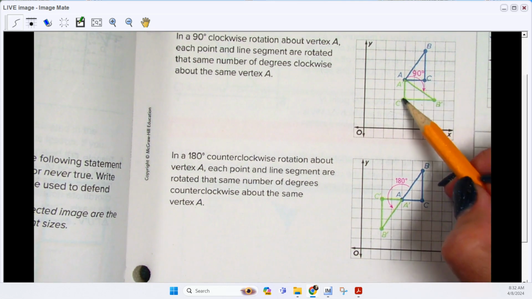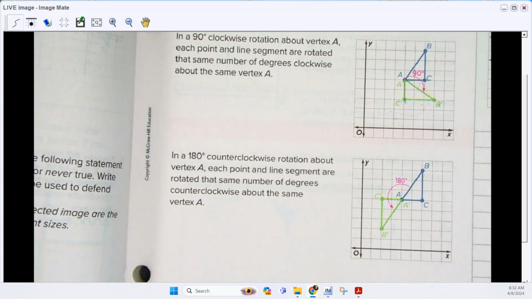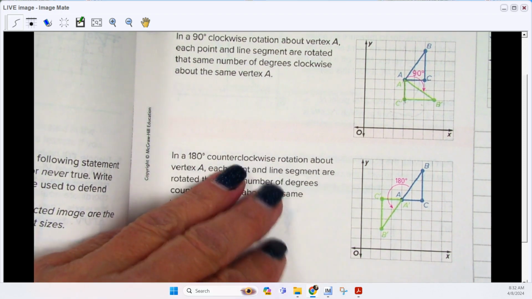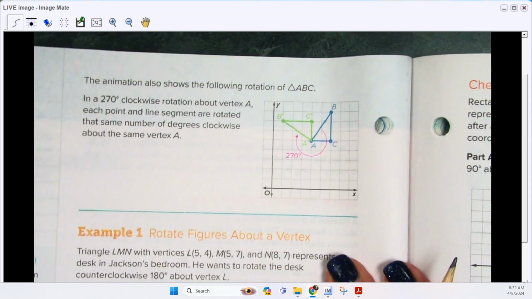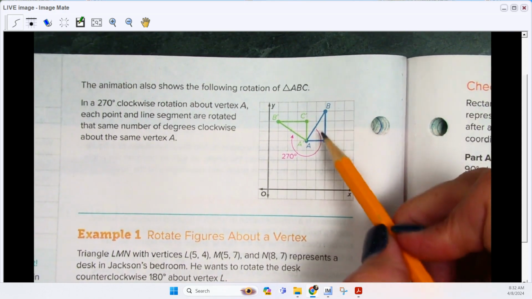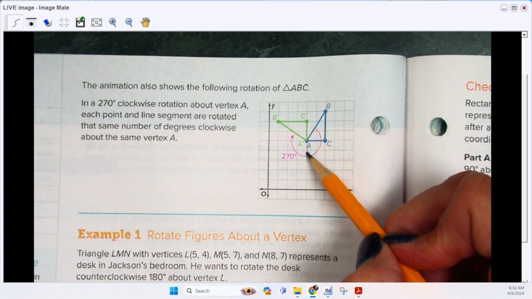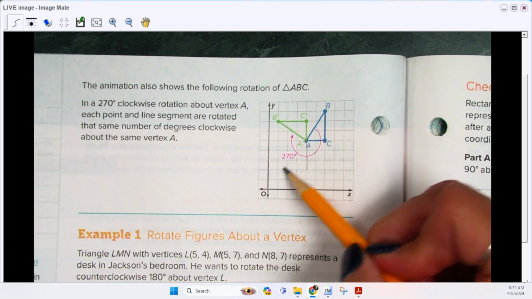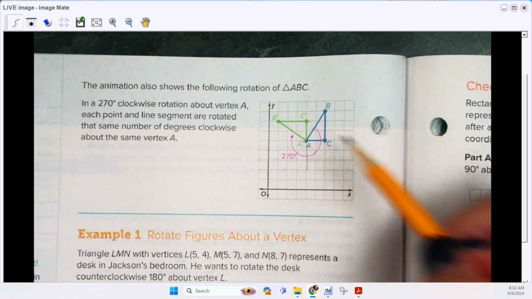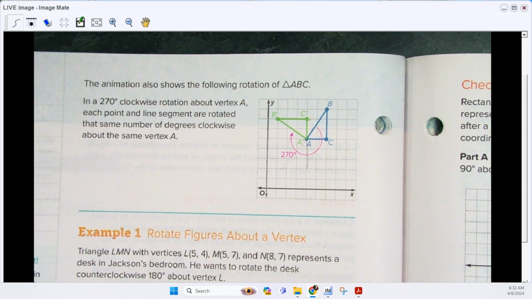From this line to this line, it's 90 degrees. Then over here, this is 270 degrees. So this was 90 degrees, this was 180, so this is another 90 degrees and it got you to 270 degrees.